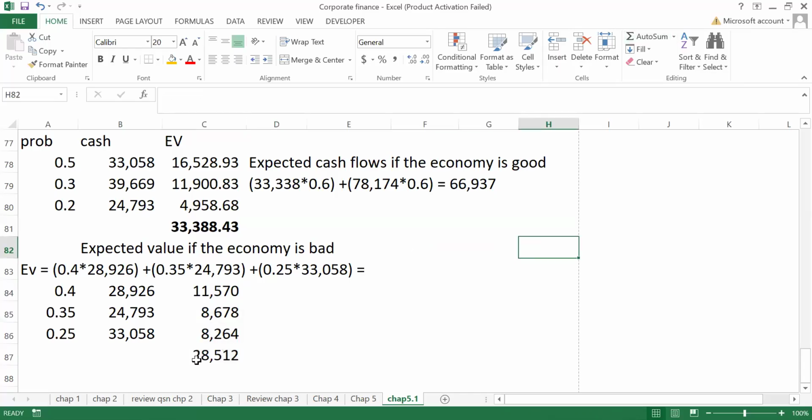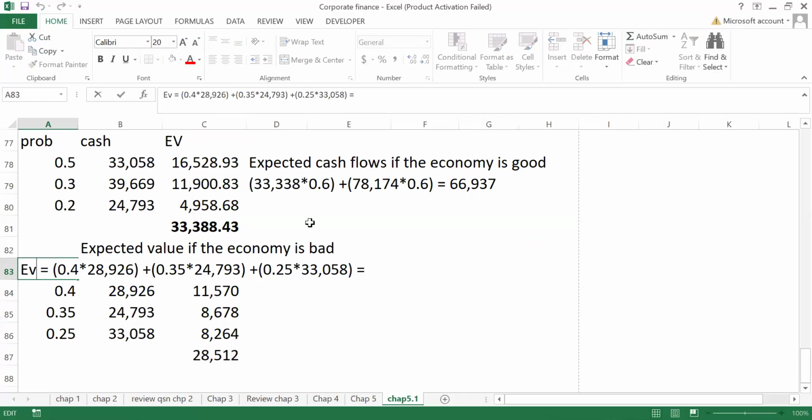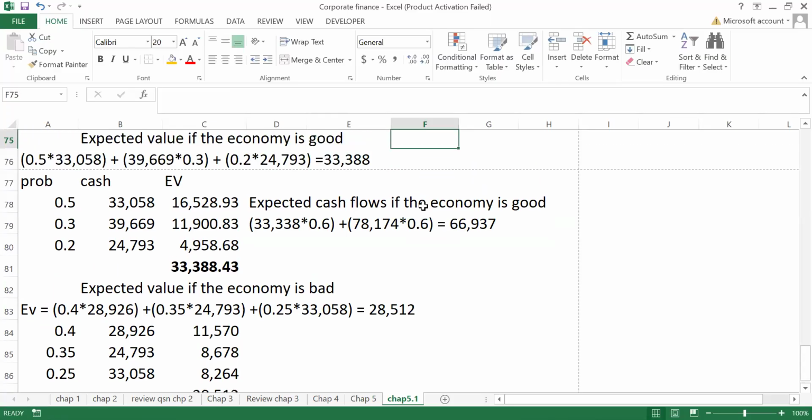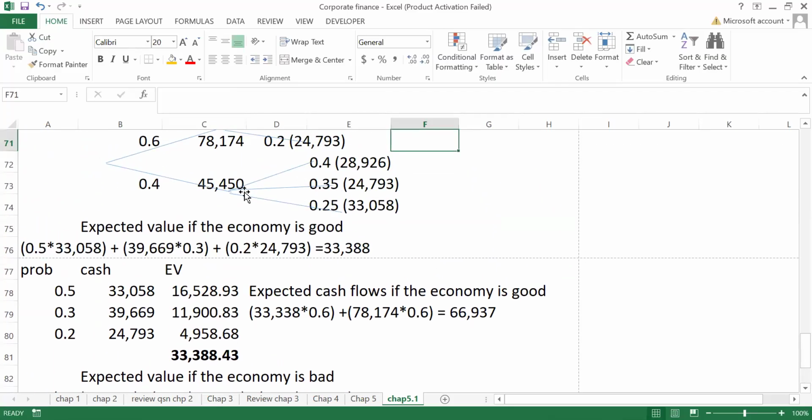So this is 28, that's the second year if the economy is bad. These are the cash flows. So this is the value up to this point; if you add these 3 choices, this will be the expected value.